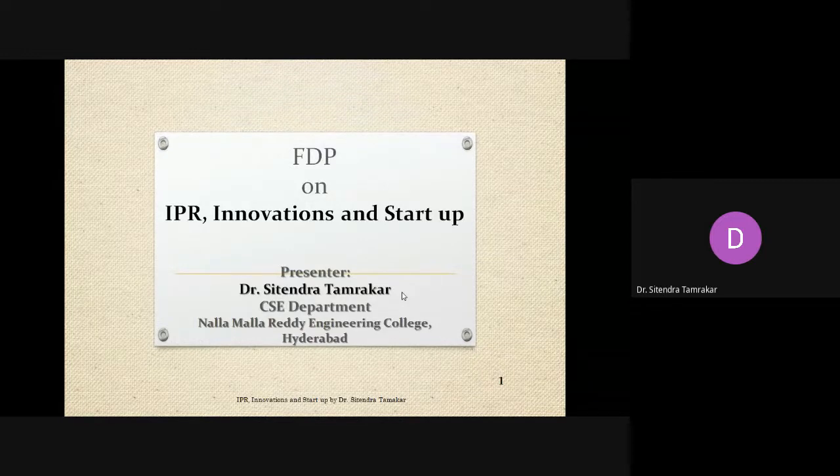In today's session, we'll talk about what IPR is, what innovation is, and how it can be related to startups. For startups, we all know what things are required, and what the contribution of intellectual property rights is in innovations and startups.